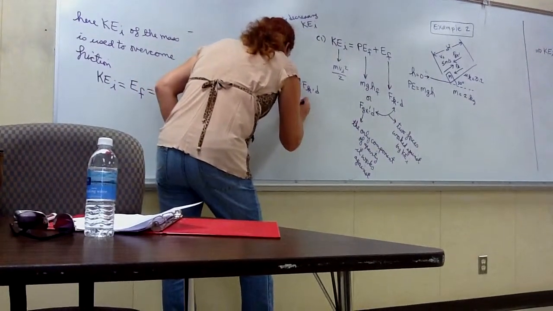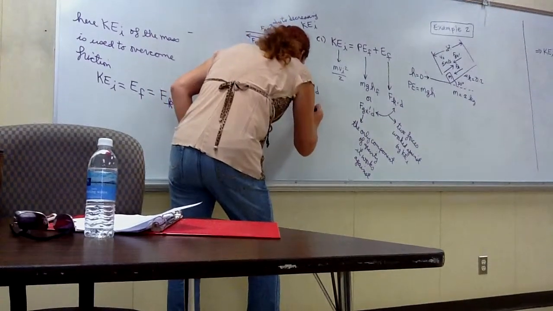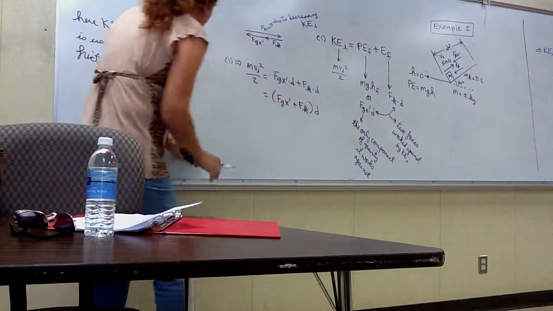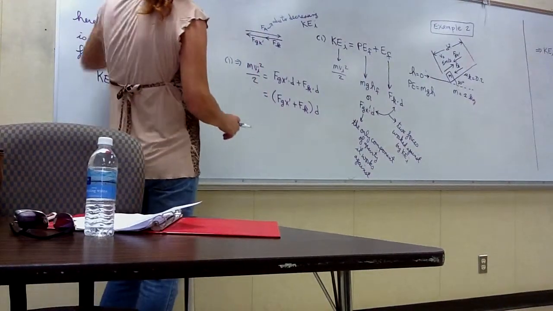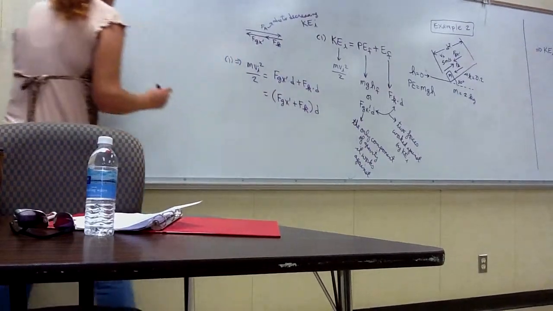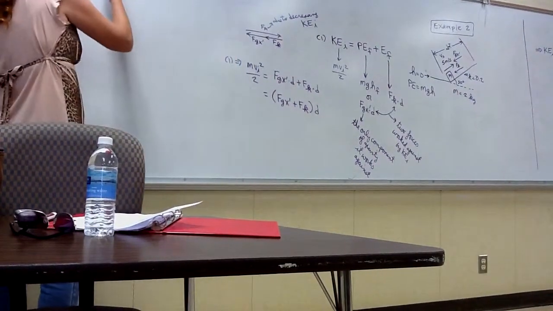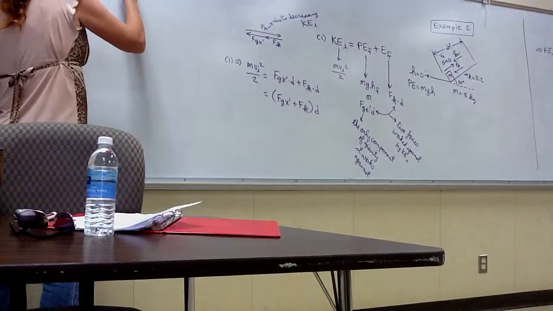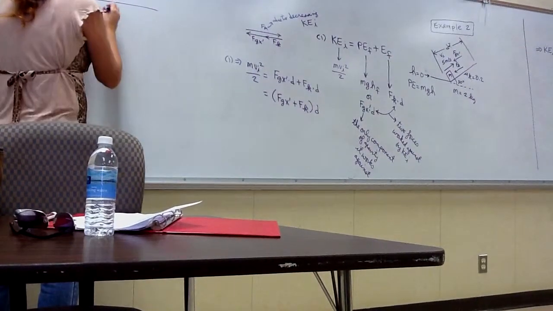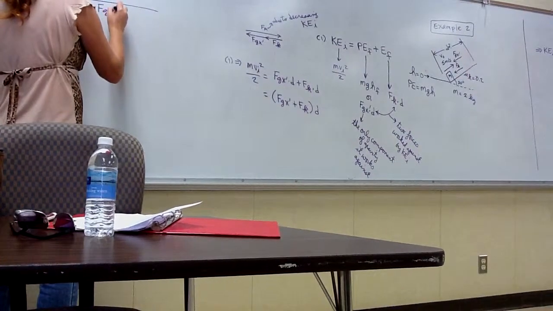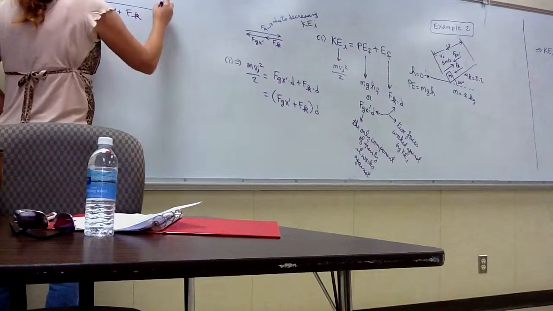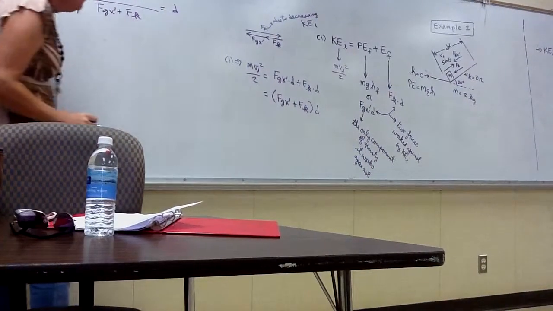We have this in parentheses times the distance, and now all we have to do is divide both sides by what's in parentheses, and we get m v initial squared over 2 divided by Fgx prime plus f sub k. That's going to be our distance.